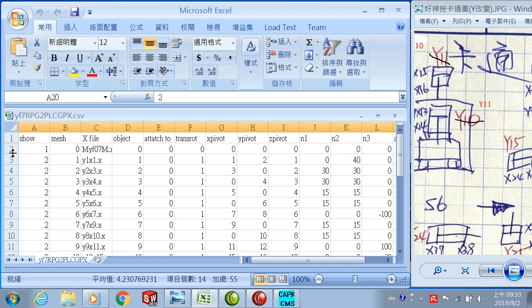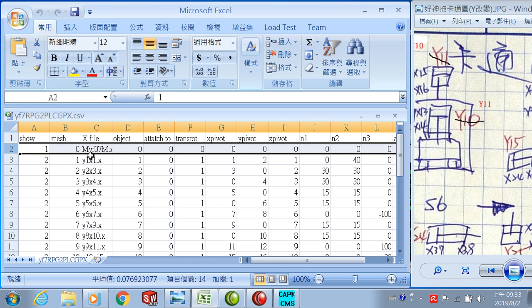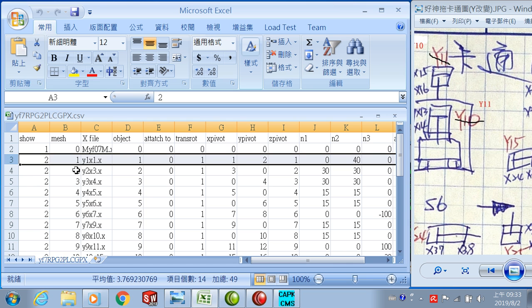The first item, the myf07m.x file, is the foundation, which is an unmovable piece. The rest of the objects are movable components driven by a y value.